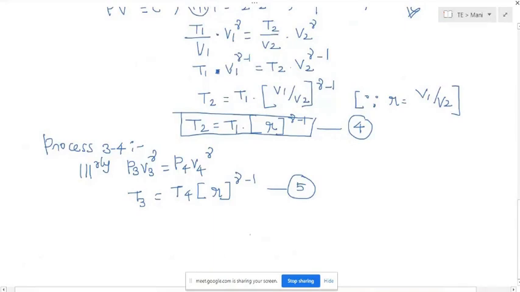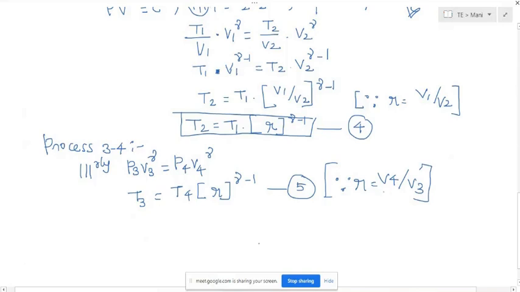Here R equals V4 divided by V3, which is the expansion ratio, so we can simply use the term R and get the same equation. Please use this also.